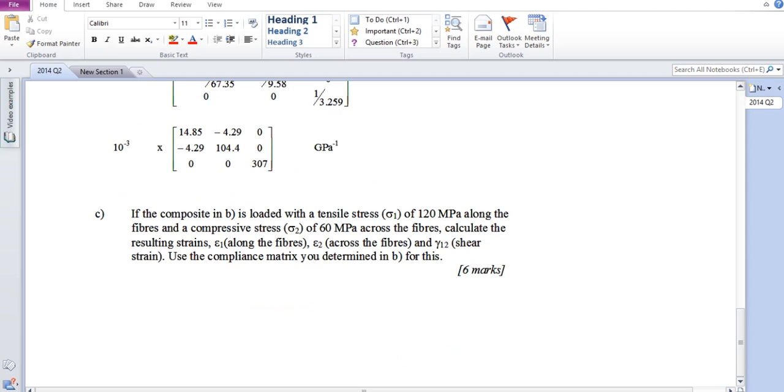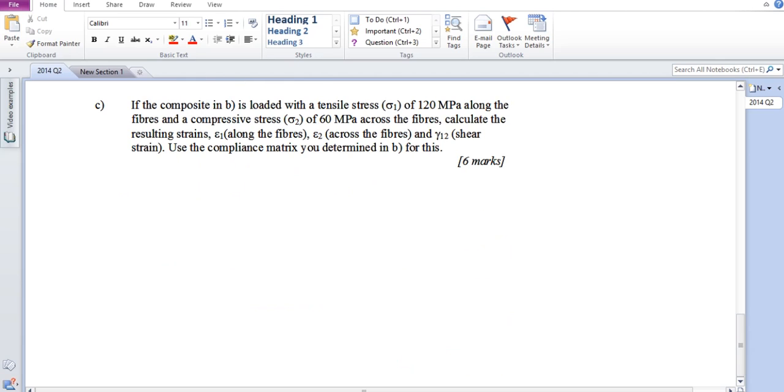Okay, the next bit then is actually using this. It says if the composite in part B is loaded with a tensile stress sigma 1 of 120 megapascals along the fibres and a compressive stress sigma 2 of 60 megapascals across the fibres, calculate the strains in the 1 direction, the 2 direction and the shear strain. And it says you should use the compliance matrix for this. So what we need to do here is to write out what the compliance matrix actually tells us.